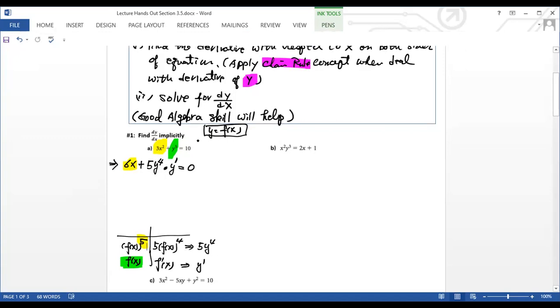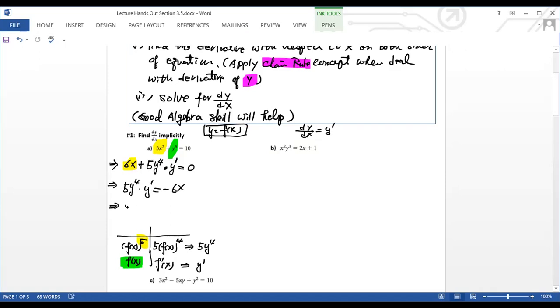And now you want to find dy/dx. I know dy/dx is equal to y prime, right? So now you can say, hey, minus 6x on both sides. So I have 5y to the fourth times y prime equal to negative 6x here, correct?